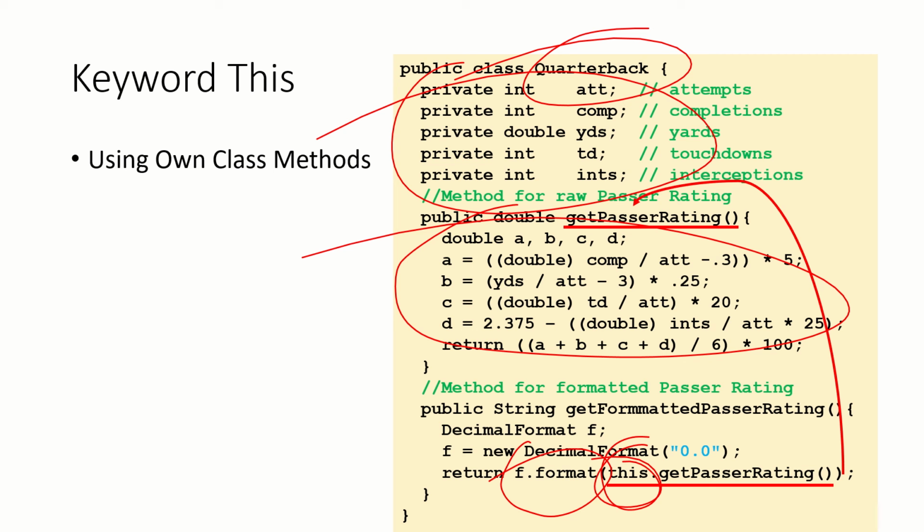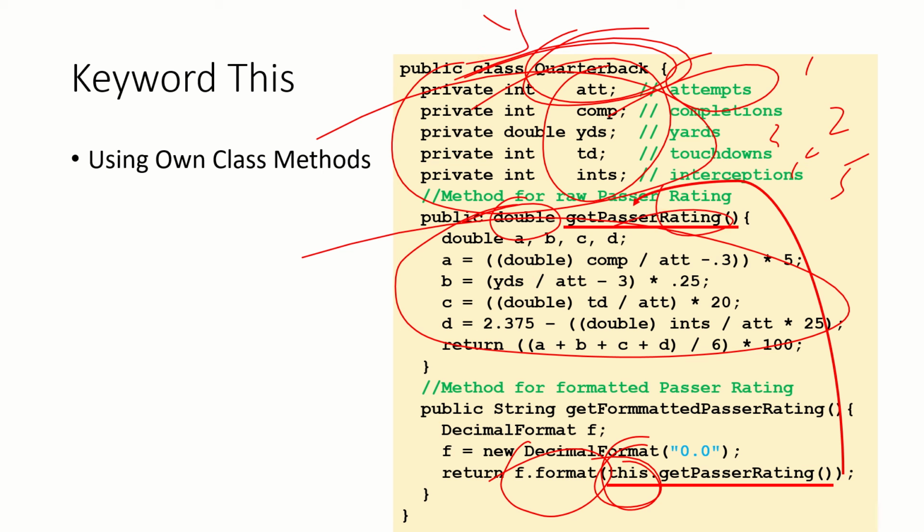Okay, so if we create the object for the quarterback, we give the values, maybe 1, 2, 3, 4, 5. Just an example. This method will automatically, based on those instance variables, calculate the rating of this quarterback, which we assign with values 1, 2, 3, 4, 5, right?